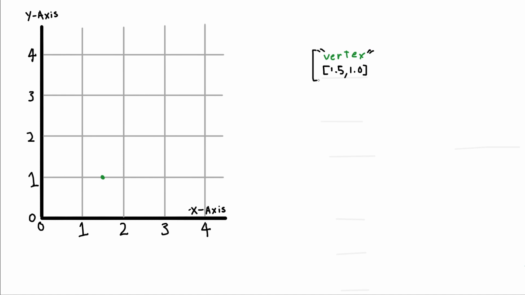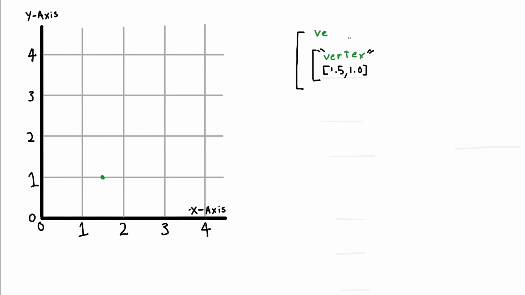And so a vertex is a point that is part of a mesh. It's the most basic element of a mesh, and this vertex all on its own is actually considered a mesh. And so what that would look like is the mesh is a list of vertexes, or the correct term is vertices.